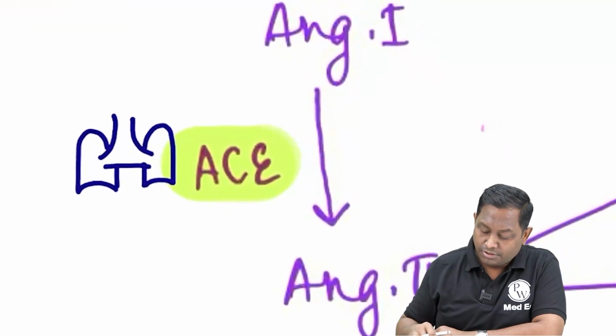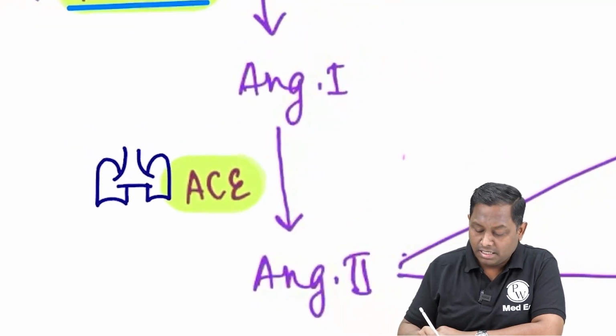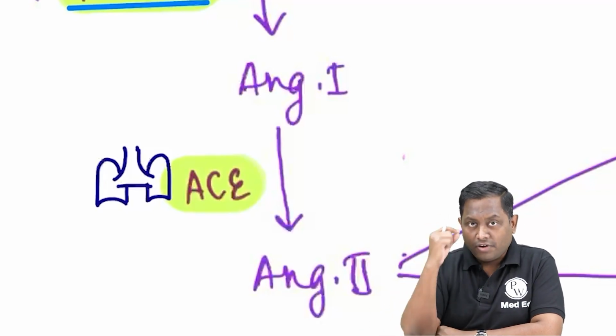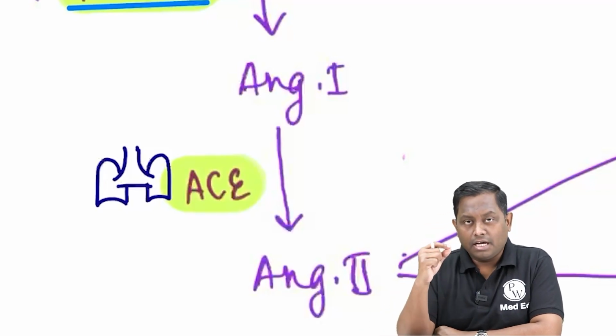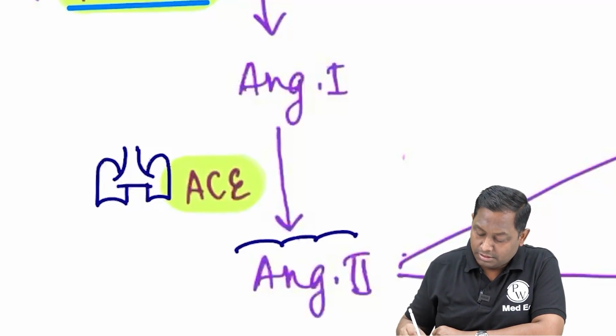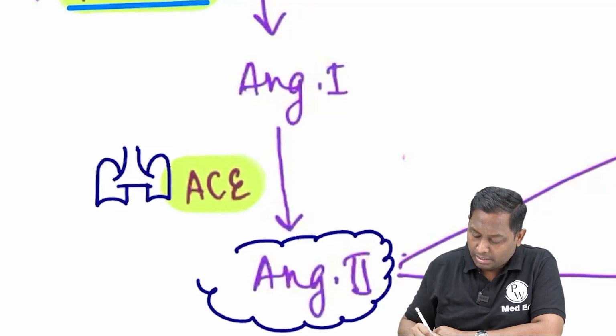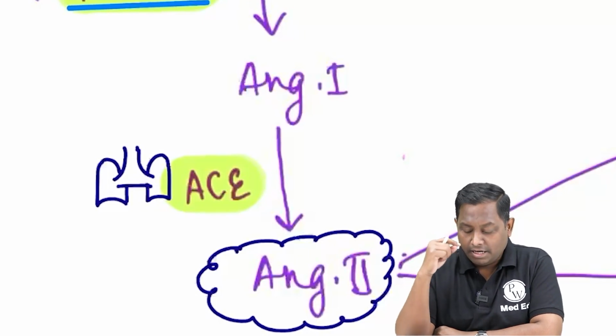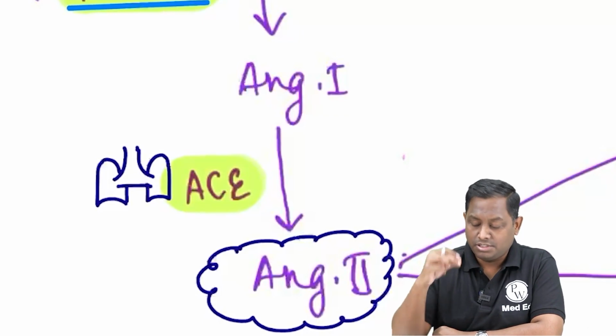Now the source of angiotensin converting enzyme is lungs, and they are going to actually convert angiotensin 1 to angiotensin 2. The final end product of a RAS system is always going to be this, that is known as your angiotensin 2. Now why am I saying final? Because angiotensin 2 will now do its activity. The angiotensin 2 is vasoconstrictive in nature. It's a vasoconstrictor in nature.